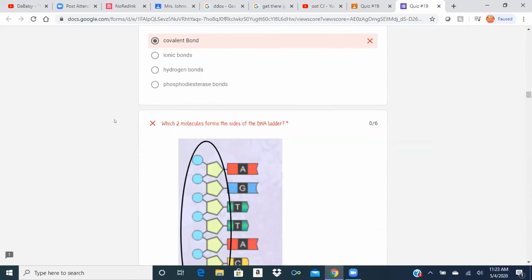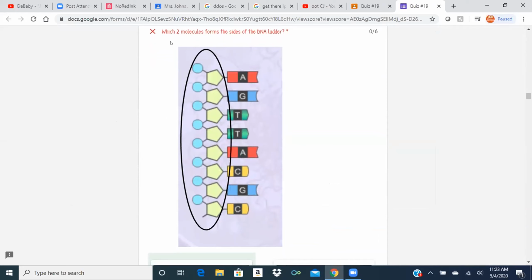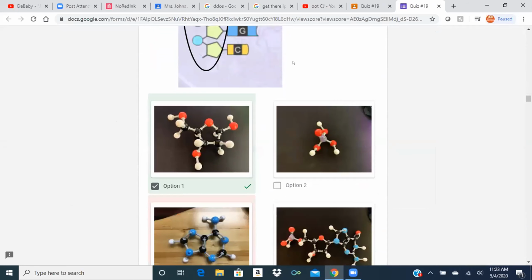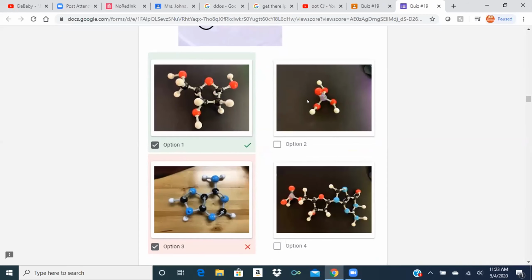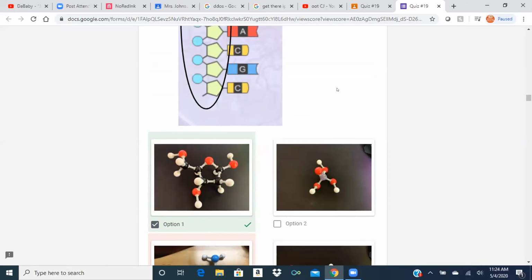I didn't know that. I just guessed. I was confused on it. Which of the two molecules forms the side of the DNA ladder? This one I still kind of got confused. You got half right. What's the right combination of answers?